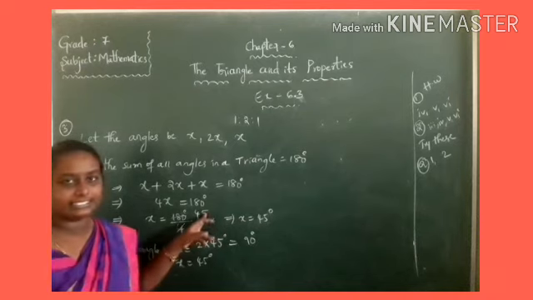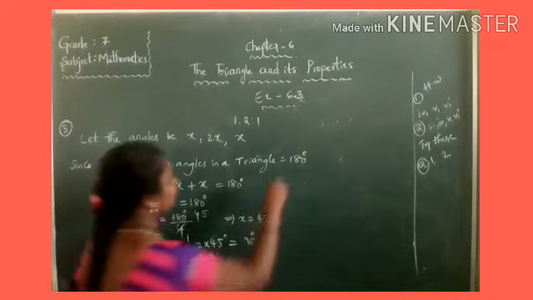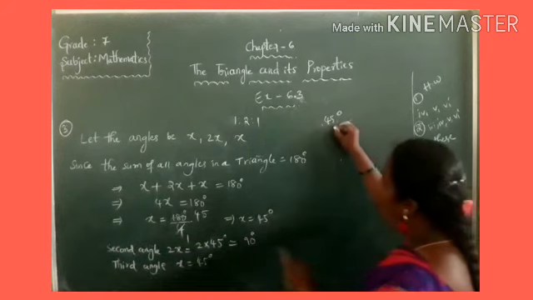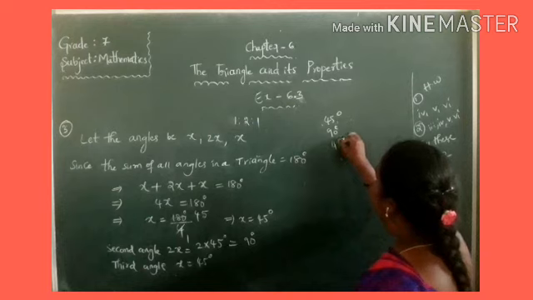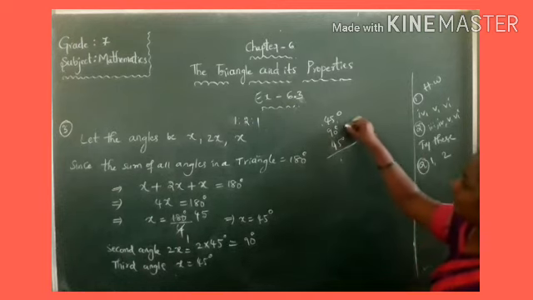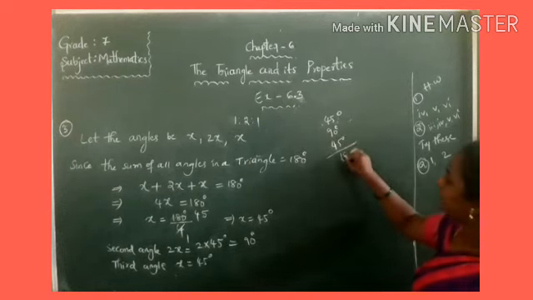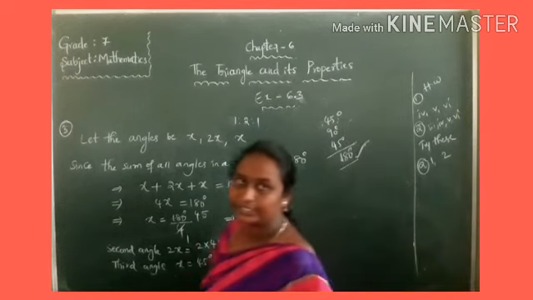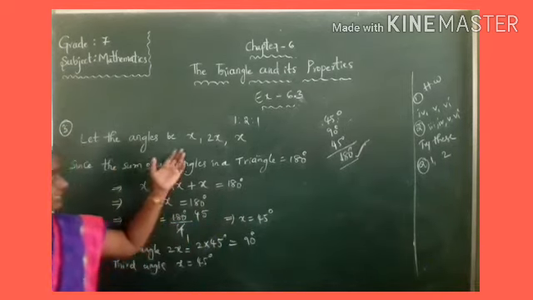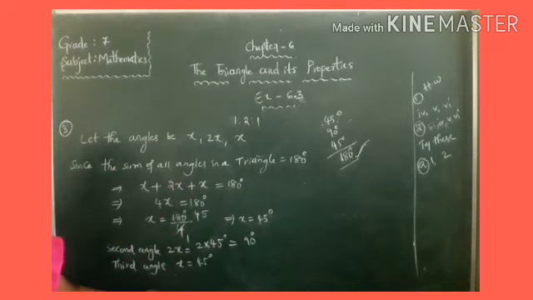Measure all these angles: one angle is 45 degrees, 2x is 90 degrees, and one more is 45. Total 45, 45, 90; 90 plus 90 is 180 degrees. So this is the method of finding the angles in the form of a ratio. You also have to find them like this.